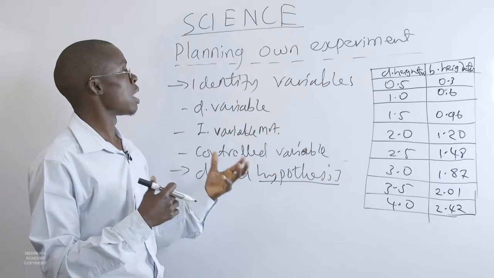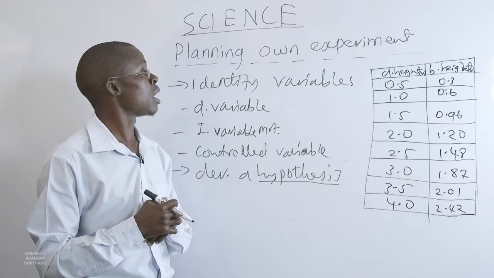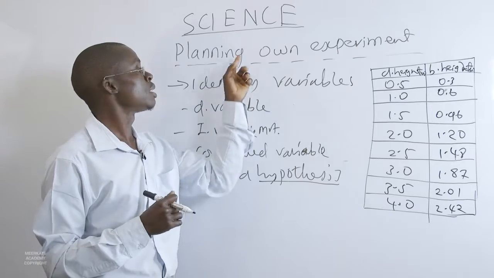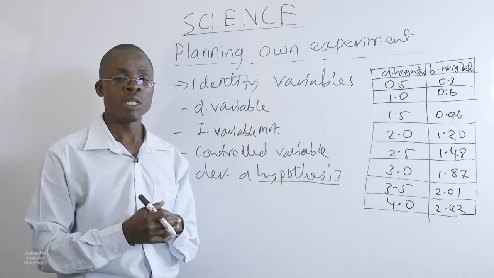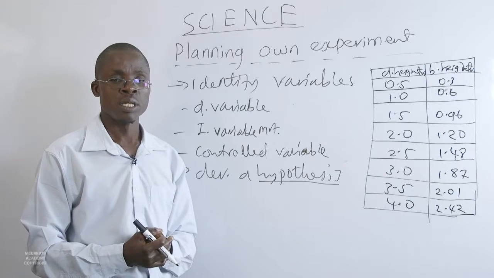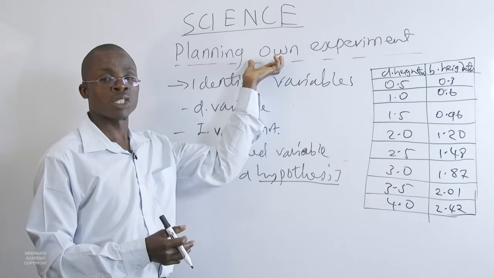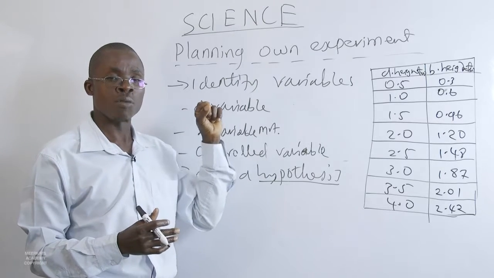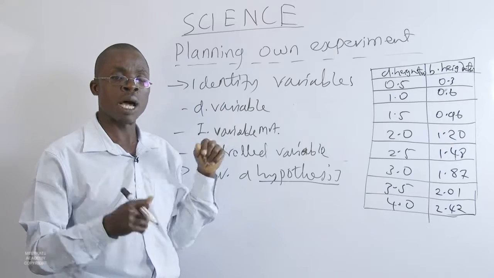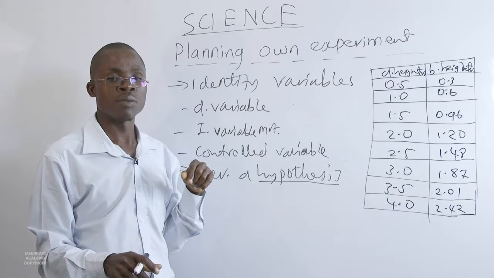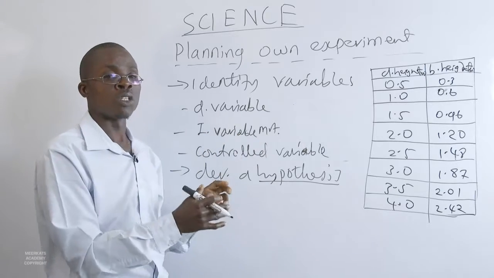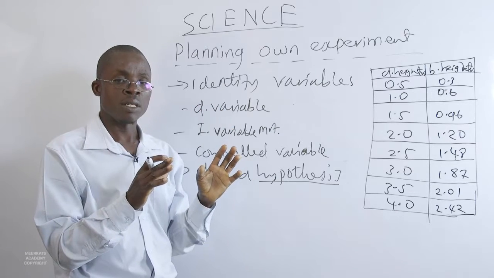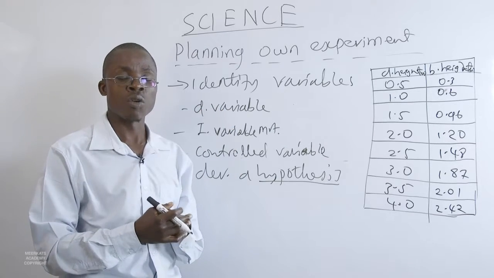Why talk about communication when you are talking about planning an experiment? When planning an experiment, remember, this experiment is not just for you. It is for you and for others. So when you are planning that experiment, make sure that whatever you get, from the aim of the experiment until you conclude it, is communicated in a proper manner for others to use or to follow.